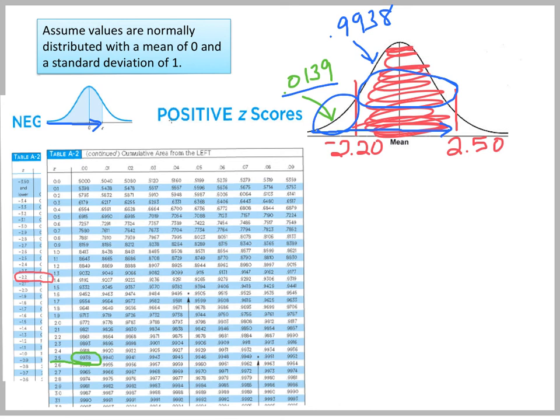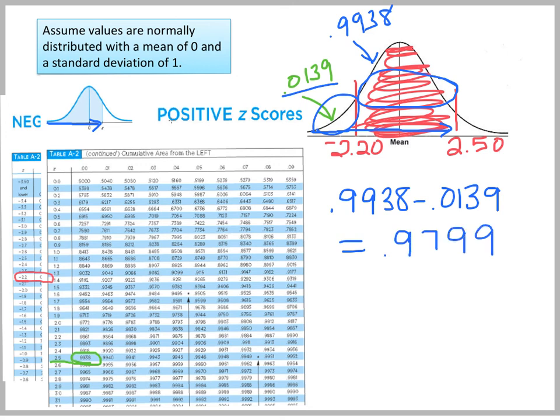So we need to say 0.9938 minus 0.0139 to get the area that we're interested in, which is 0.9799. So the probability of being between negative 2.20 and 2.50 is 97.99%.